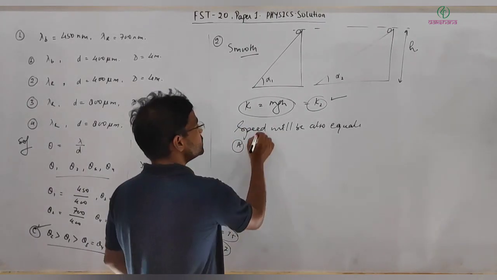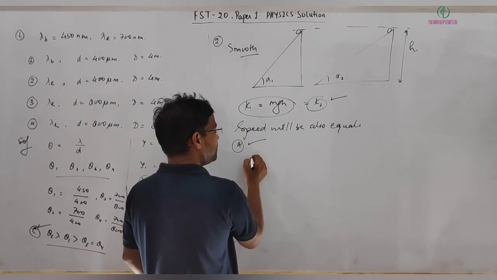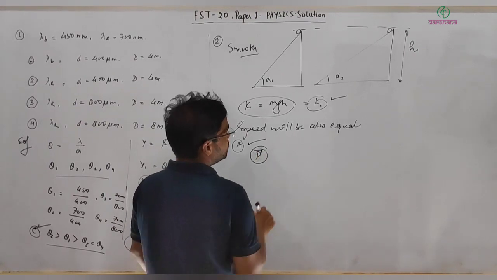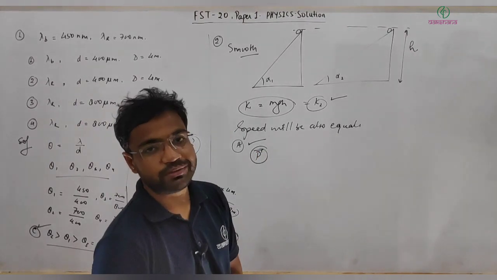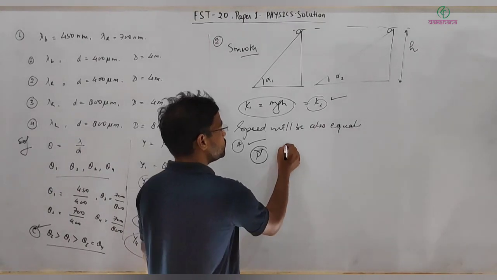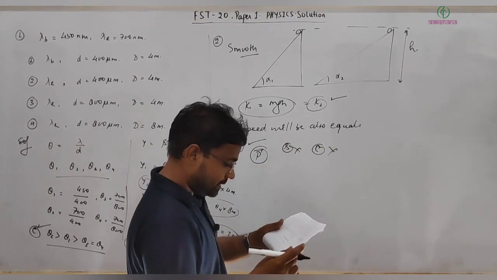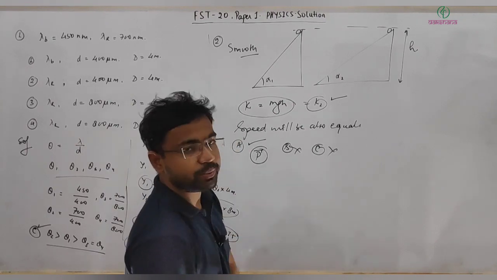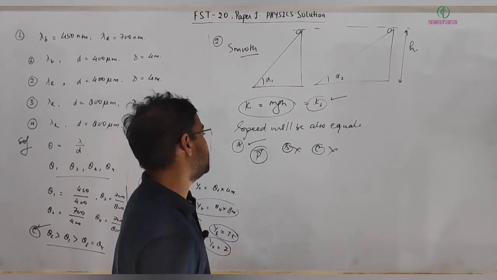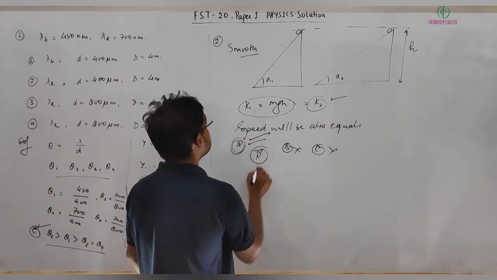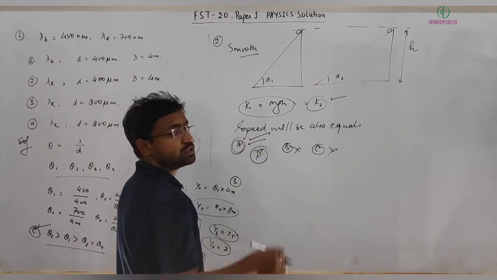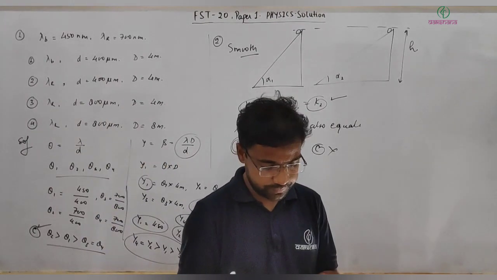Momentum here: speeds are equal, but momentum is again a vector quantity, so the magnitude of momentum will be equal but momentum will not be equal. So B is not right, and C is also not right. And D, the horizontal component of their momentum, will also not be equal. So only A is the correct option. This is, I think, straightforward, just look at it, think about it.